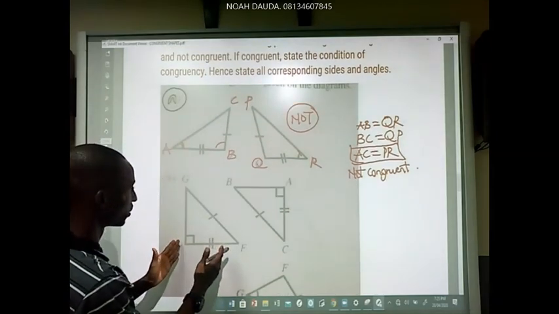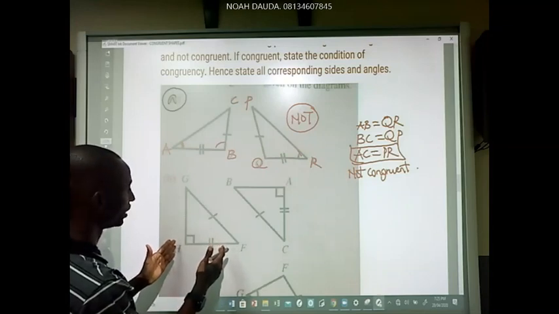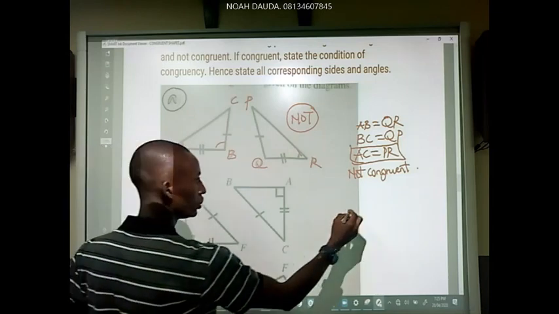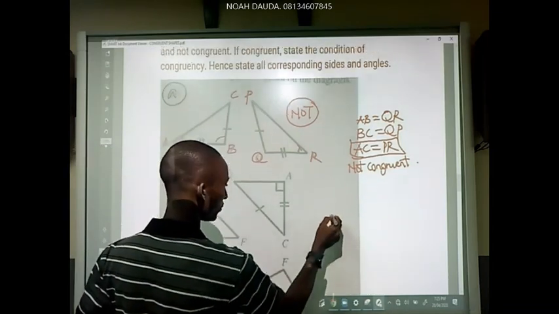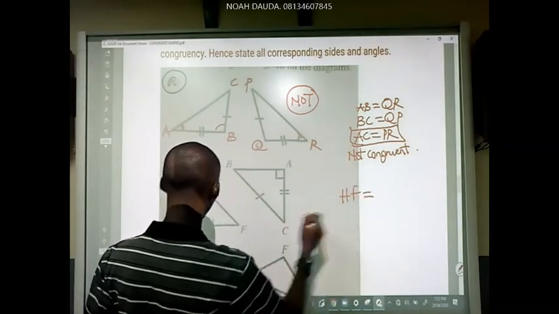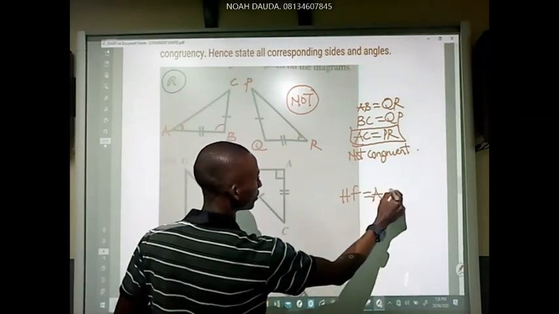Now let's take a look at this triangle, just like the fourth condition that we just treated. Now when you look at HF, it has a double line here, and it is equal to your AC.